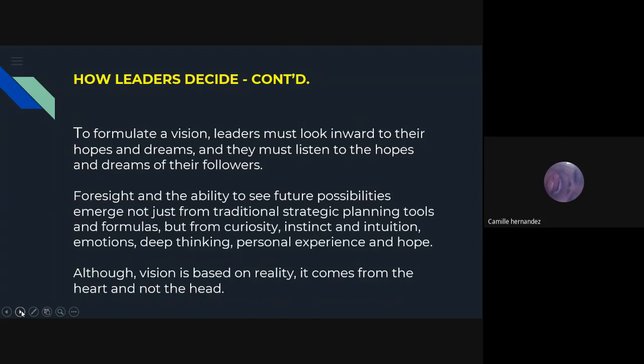Foresight and the ability to see future possibilities emerge not just from traditional strategic planning tools and formulas, but from curiosity, instinct, and intuition, emotion, deep thinking, personal experience, and hope. Although vision is based on reality, it comes from the heart and not from the head.